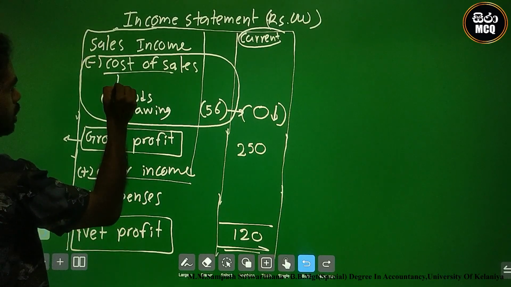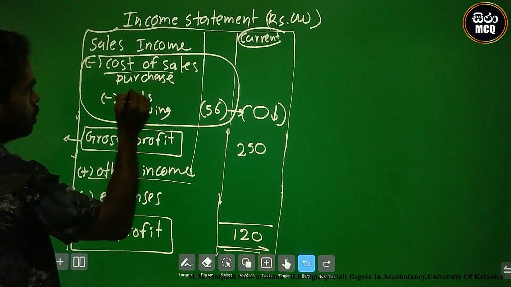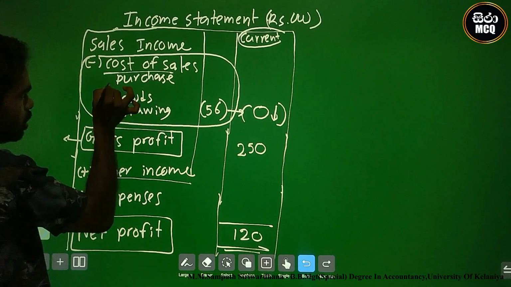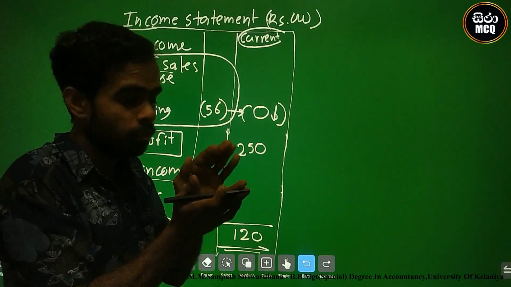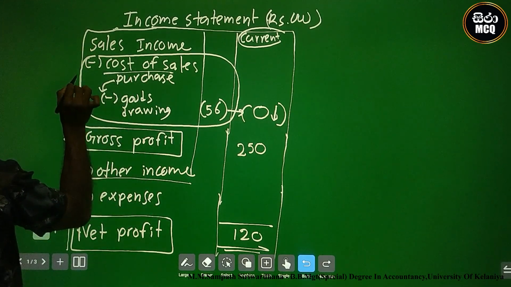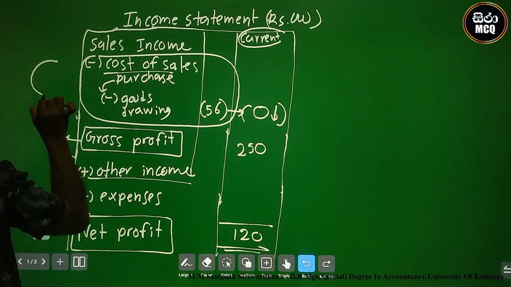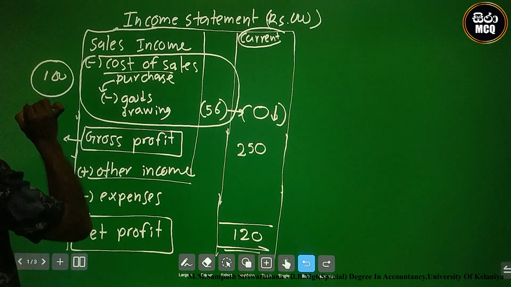Look here, this is the purchasing now, the major one. There is a deduction from purchase. At this time, cost of sales is deducting. Why? Look here, the cost of sales in this circle is 100.